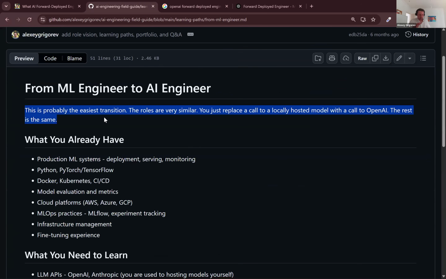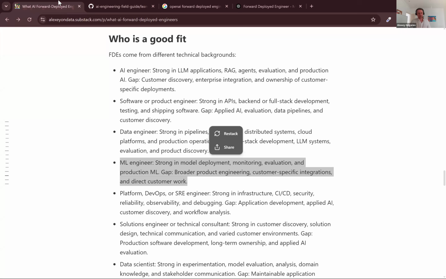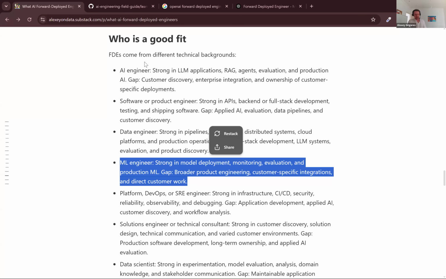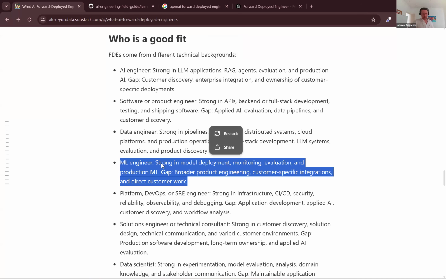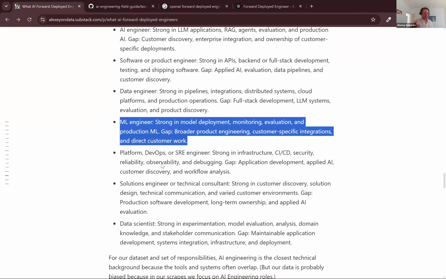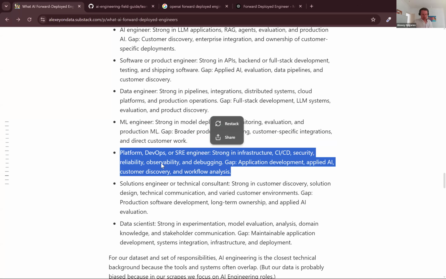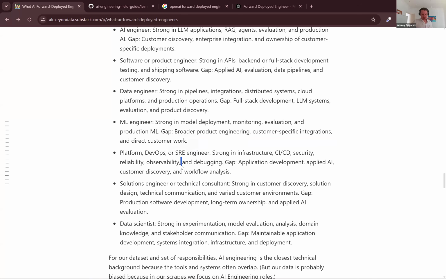They already know many things, and many are already working with Gen AI. Often it's just rebranding themselves from ML engineer to AI engineer. So they're just one step behind AI engineers if they want to consider a career in forward deployed engineering. And then we have platform DevOps engineers.